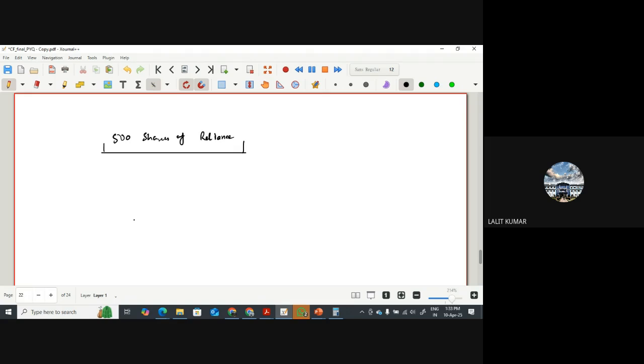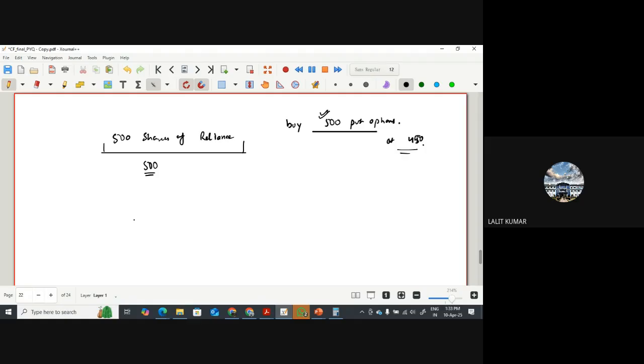Now I buy 500 put options. For example, this share is going at 500, and I feel that this share can decrease also. So at a strike price of 450, I will purchase 500 put options.